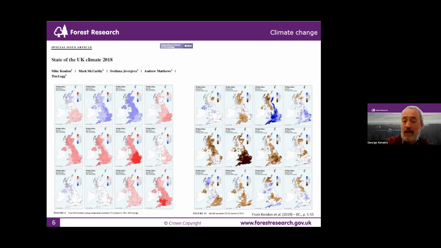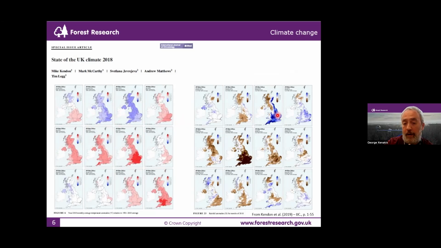These are real data collected by the Met Office, which clearly show, from the left-hand side, the temperatures. So we have colder winters, this is the deviation from the long-term average in this particular year, and very hot summers.